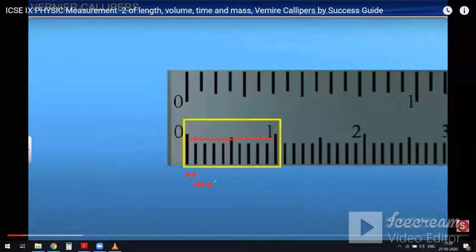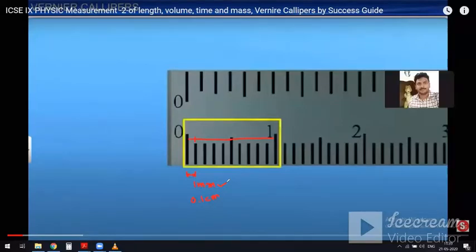Hope you all are understanding. 1 mm we are also writing as 0.1 centimeter. So by this we can understand the lowest value that we can measure with the help of a ruler is 0.1 centimeter or 1 mm. This is what we call the least count. Least count means the minimum value that we can measure with the instrument.